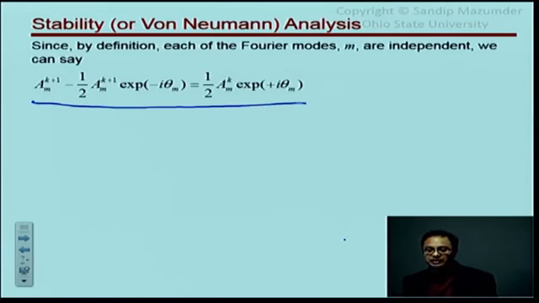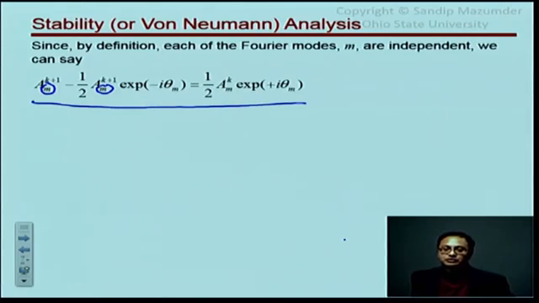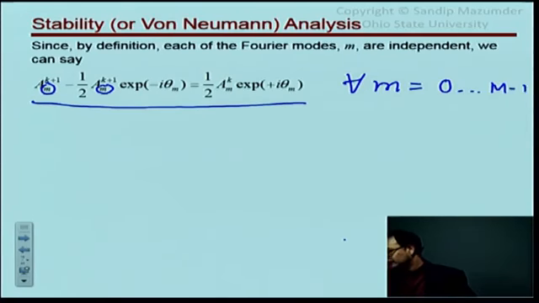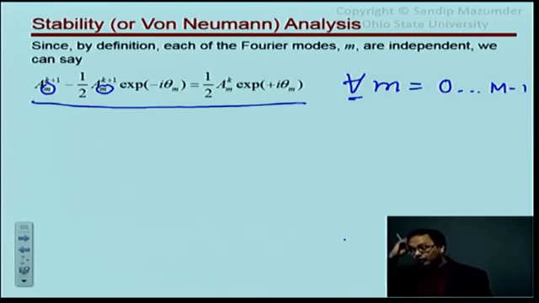Every Fourier mode, m, must satisfy that equation, for all m going from 0 to M minus 1. This sign I'm using here means 'for all.' Some of you may see it in the notes and find it confusing, but that's what mathematicians use for 'for all.'